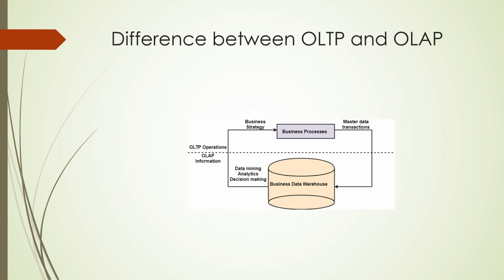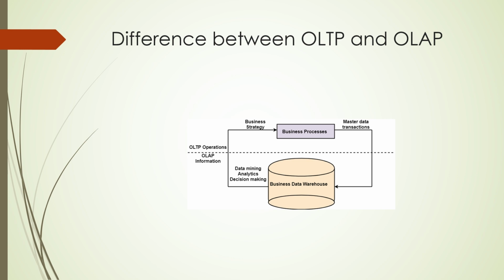In an OLTP database, there is accuracy, current records, and a schema used to save the transactional database. Usually, third normal form is used here in OLTP. OLAP, that is online analytical processing, is meant for a relatively low volume of transactions.